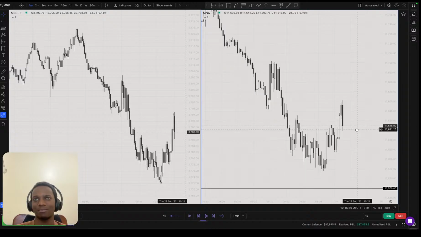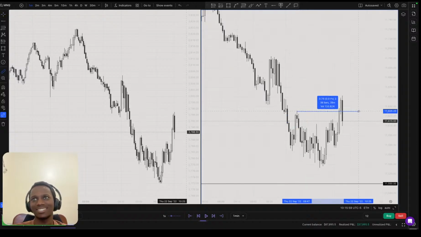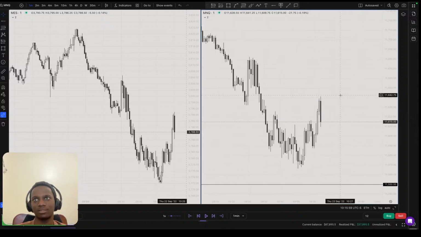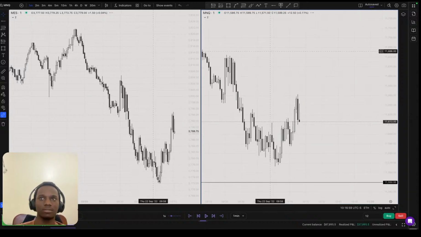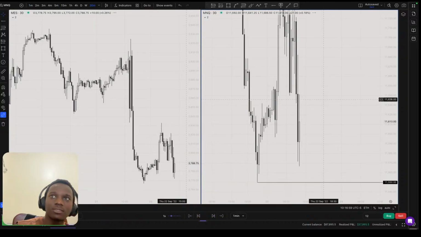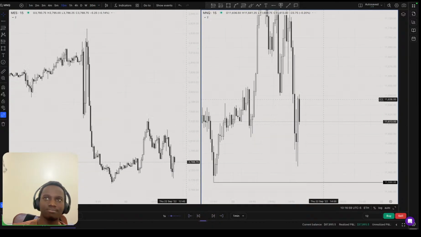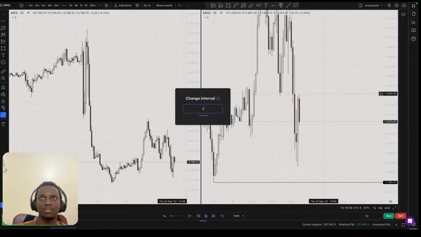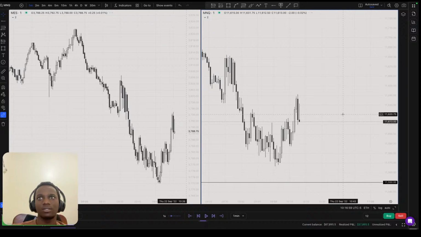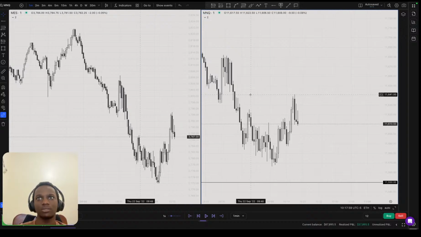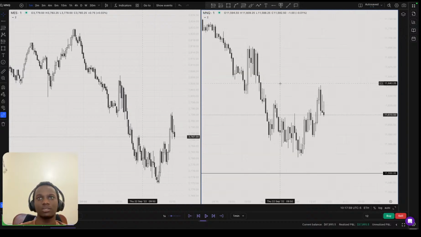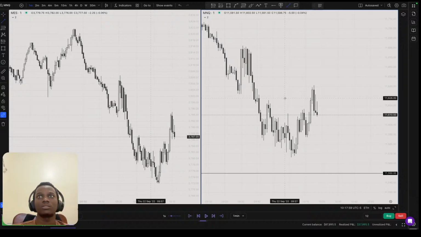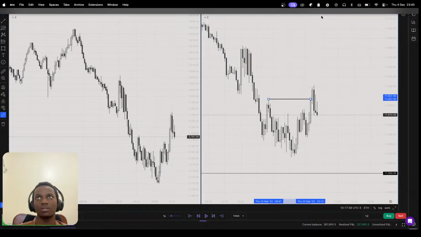I'm trying to kill it because we have the run on these highs here, and any kind of gap. Well, I'd say it's a 15 gap here because even though it closed above, you can see it's a good rejection. Let's see if we reject. You can see we continue rejecting. We've got this sweep here.